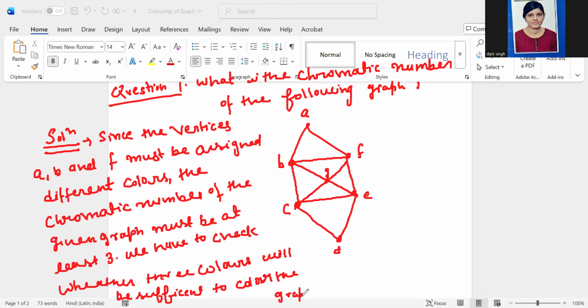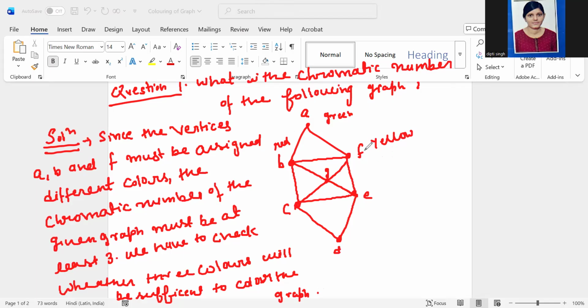Now suppose we assign green color to A, red color to B, yellow color to F.